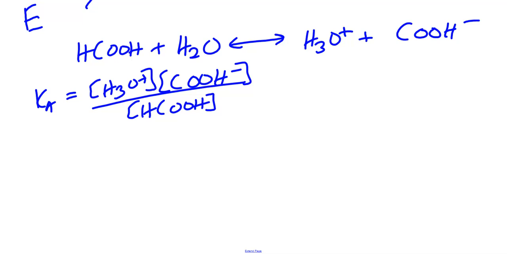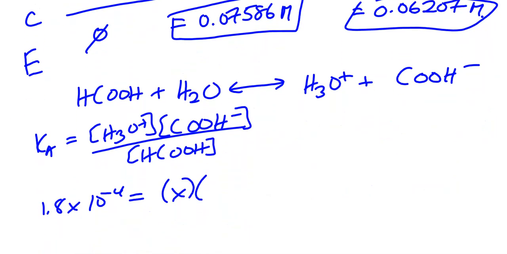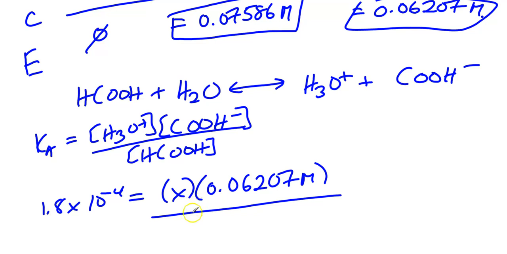So we have our Ka value, 1.8 times 10 to the negative 4, is equal to, so hydronium I'm just going to put as an X, our conjugate base ion we have here, 0.06207, over our remaining weak acid that's there.